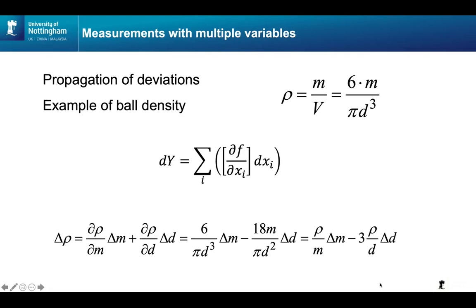So we've dropped a power off the d because of the partial derivative. And that's equal to, solving back to the original equation, rho over m delta m minus 3 rho over d delta d. That's from the relationship we found earlier.